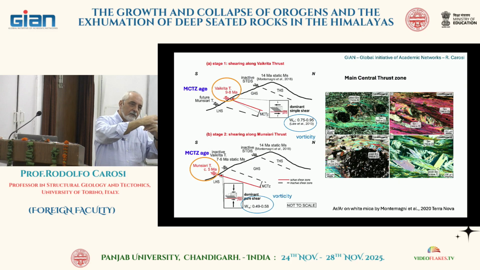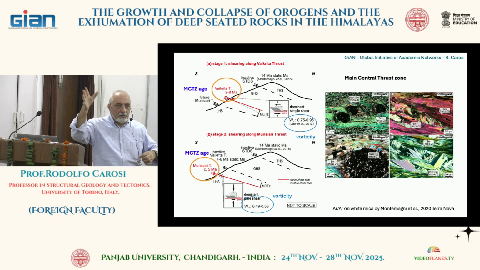So you have some antiforms and synforms, and depending on the erosion, you have some klippen and some windows, especially in eastern Nepal. Gosainkund window, or some similar names. I think they are due to the deformation in the Lesser Himalaya that passively deformed the Main Central Thrust. Okay.